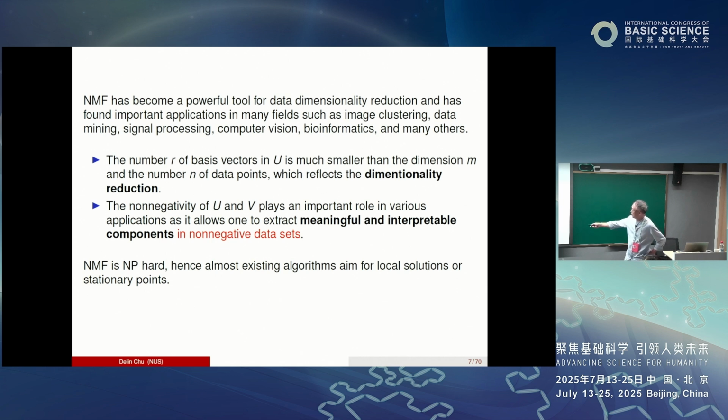The non-negativity of U and V plays a very important role in application because it allows one to extract meaningful and interpretable components in non-negative data sets. So this means in the application of non-negative matrix factorization, usually the data matrix should be non-negative.